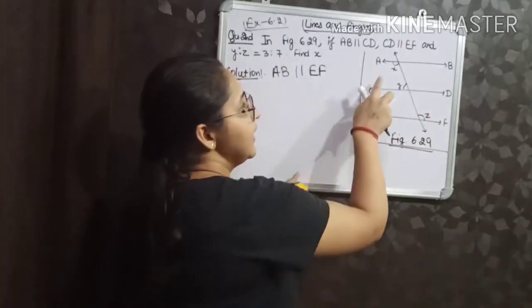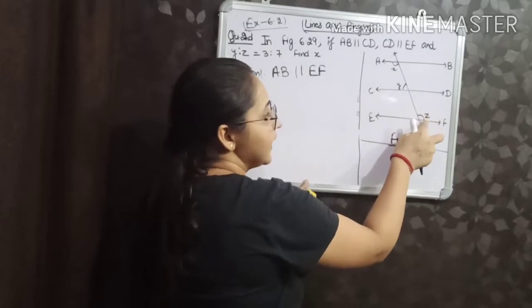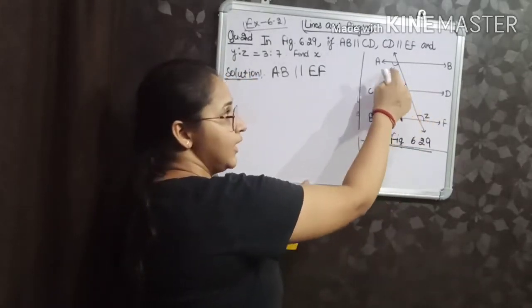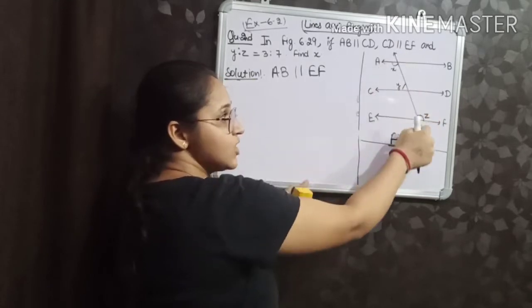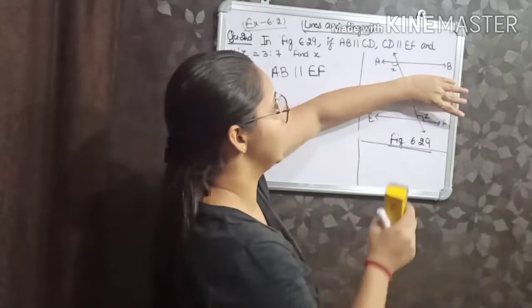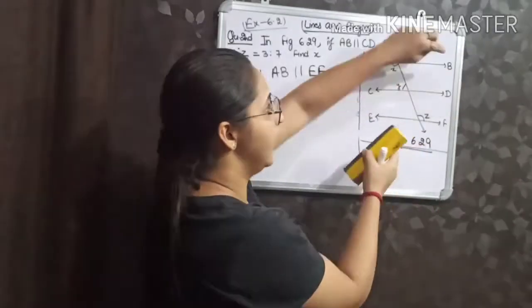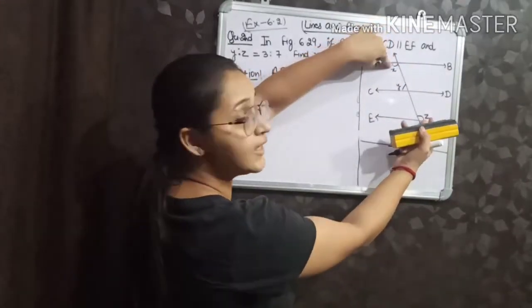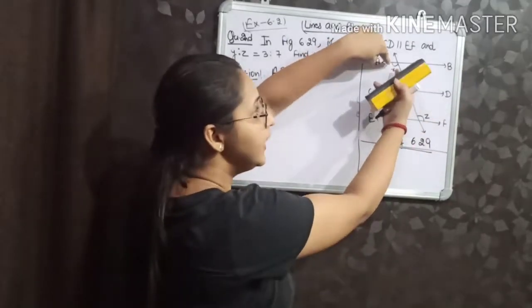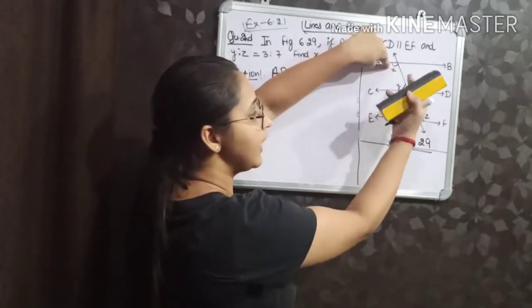So note that angle X and angle Z are alternate because they are lying on the opposite side of the transversal line. First, remove this line. AB and CD, and angle X and angle Z lie on the opposite side of the transversal line and they are in the interior region below the parallel line.